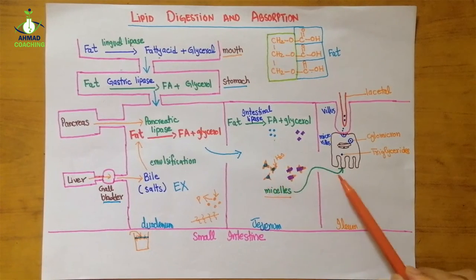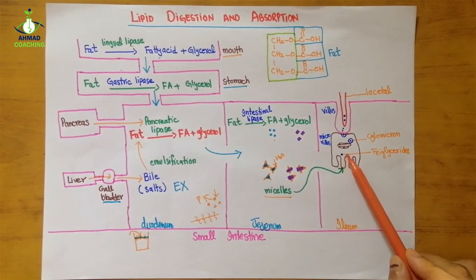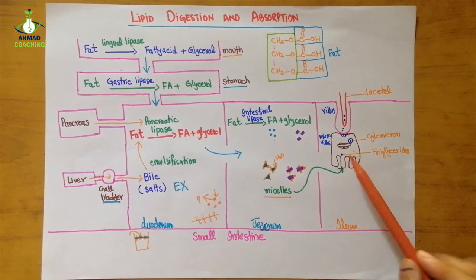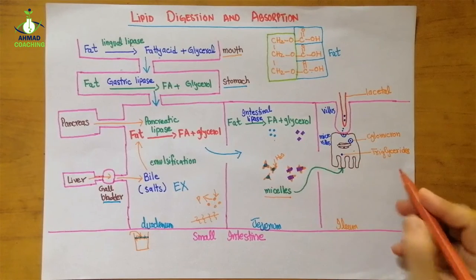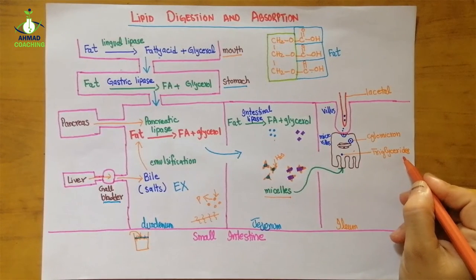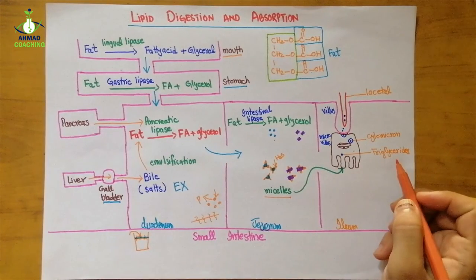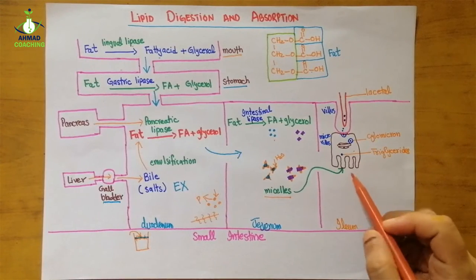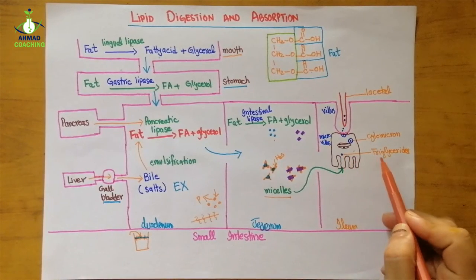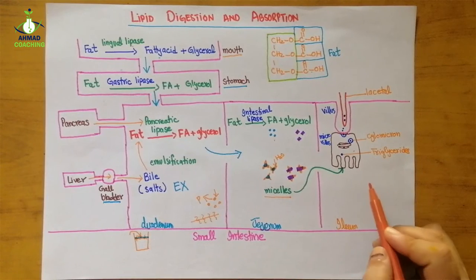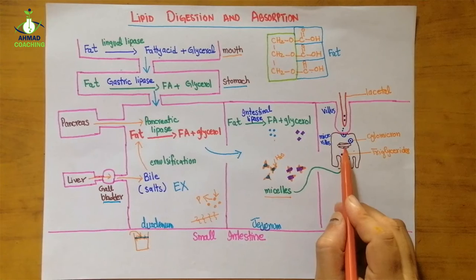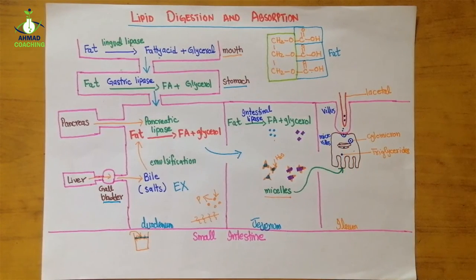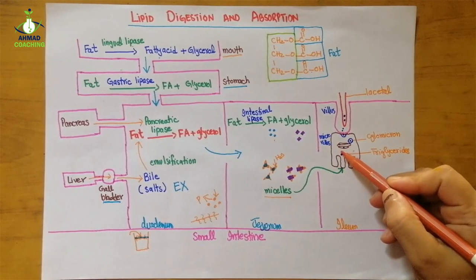Now these micelles are going to enter into the enterocyte, or the internal part of the microvilli. Here we have these triglycerides. As the fatty acids and glycerol enter, they are converted into triglycerides.